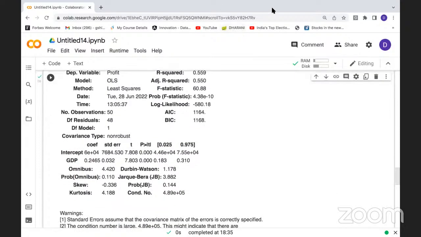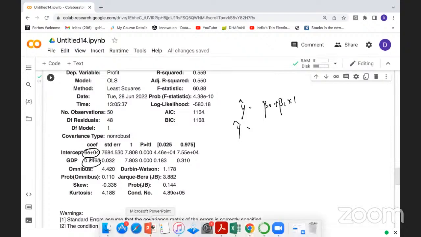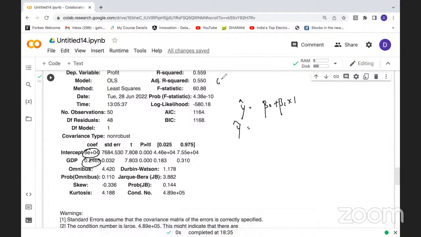So as I told you, your y hat equals beta naught plus beta 1 x1. This is your beta naught, and this is your beta 1. So 6 into 10 to the power of 4, the interpretation, plus 0.2465 into GDP.